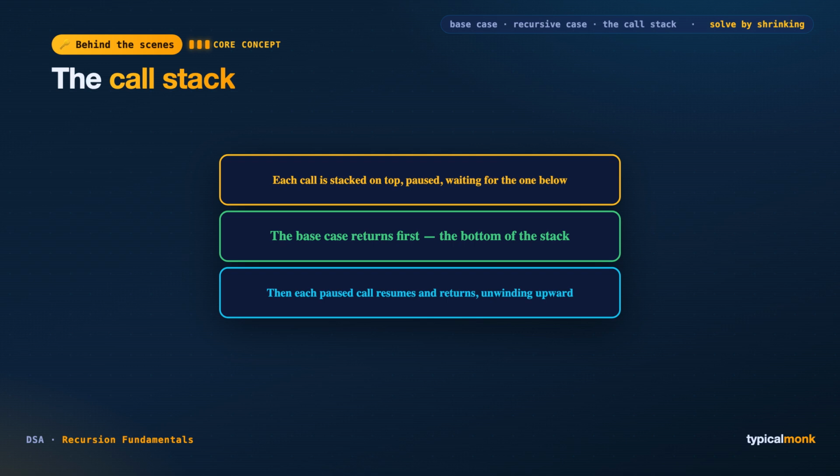That lets the paused factorial of 3 resume, finish, and return the final answer. The calls resume in reverse order, from the base back up to the top. That is exactly the back up the chain we saw. So the takeaway: every recursive call is stacked and paused, waiting on the one above it. The base case returns first, and then each paused call resumes in turn, unwinding the stack from the base all the way back up to the original call.